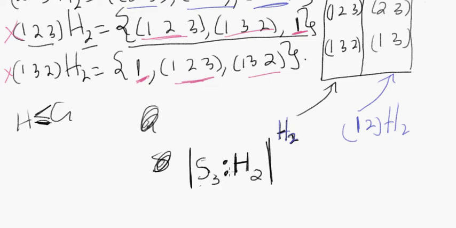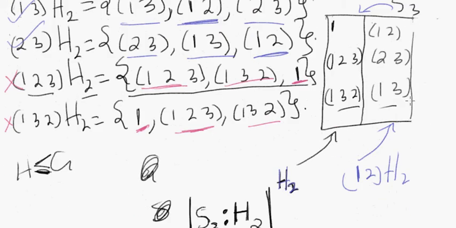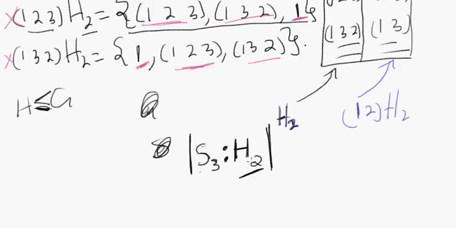This symbol here means the index of H2 in S3, which means that if we get S3 and we partition it using cosets of H2, how many distinct cosets will we need to partition it? In our particular case here, when it came to S3, we needed only 2 cosets. I mean, we had in total 6 cosets, but we only needed 2 cosets in order to partition S3. So here the index of H2 in S3 turns out to just be 2.